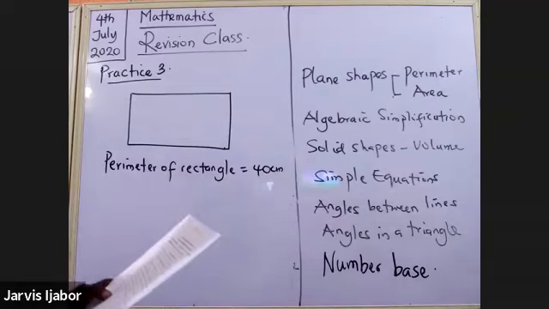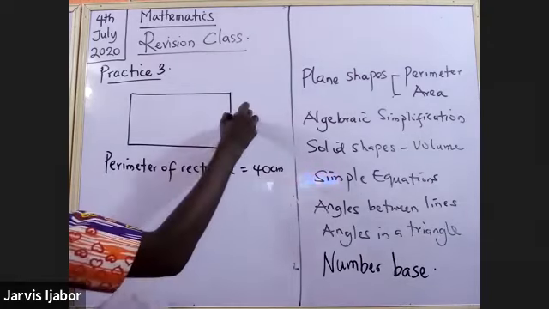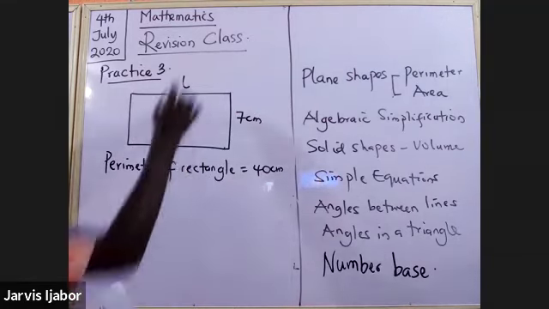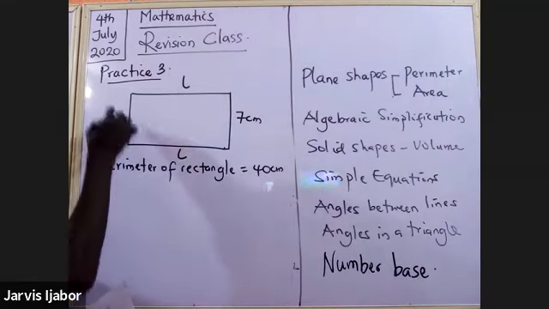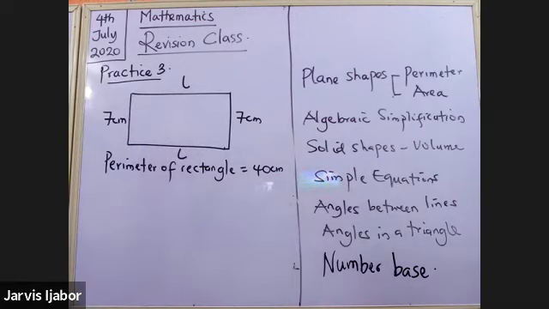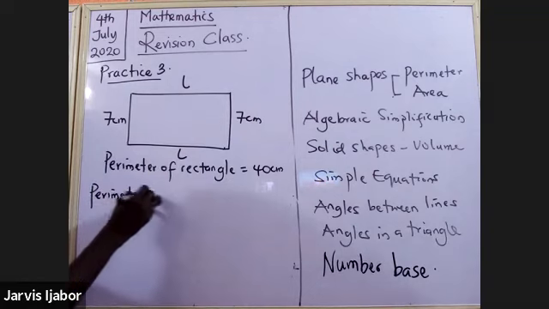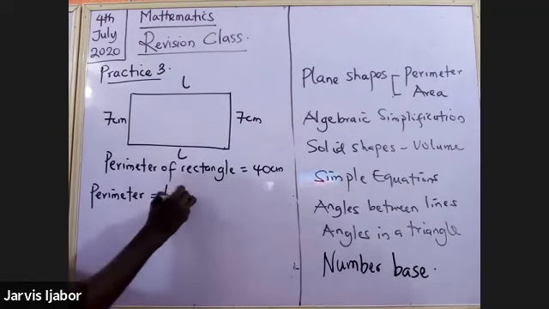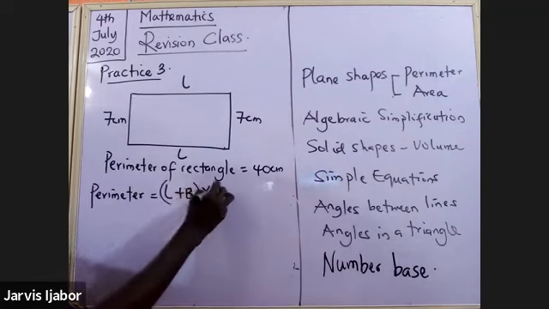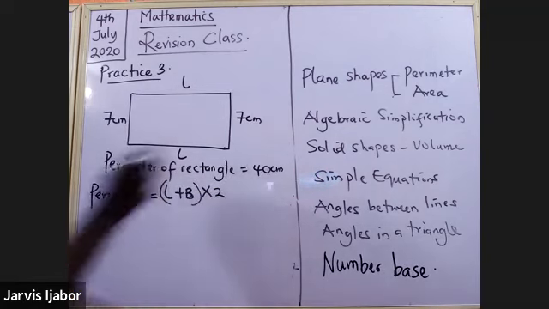Now, I'm told that the breadth is 7 cm, which means I don't know the length. This is length, this will also be length. This will also be what? Breadth, 7 cm. So we know that perimeter is equal to length plus breadth times 2. The perimeter is 40.